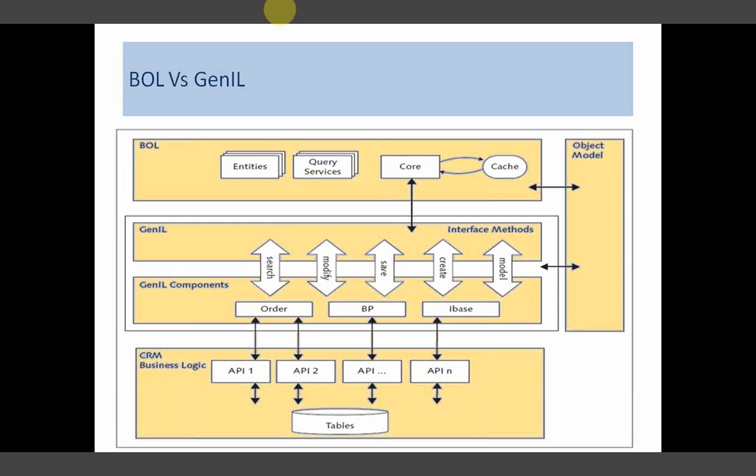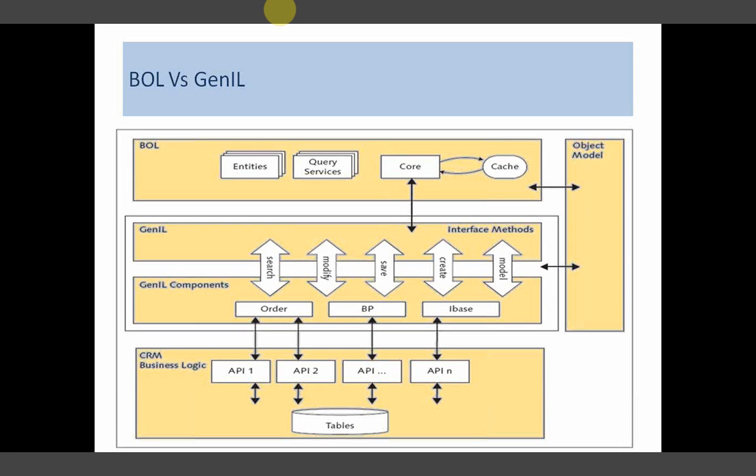Or read, just to display the data, so I would like to get the data based on the query I fire. Update: already existing data is there, and we need to update it. The final one is delete, whatever data we would like to delete. So from a model, the request will be coming for CRUD data, meaning create, read, update, and delete.